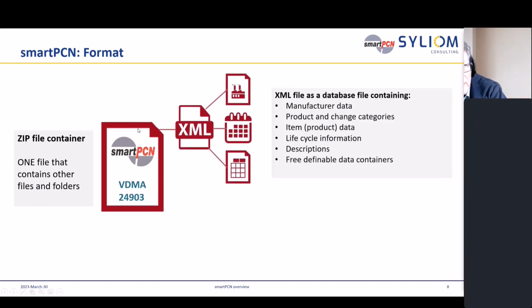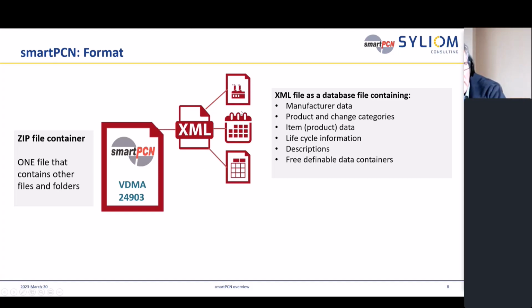And the main part is an XML file. So there's an XML file inside this file container, and this is a kind of database file, and this contains the manufacturer data, the product and change categories, the item product data, lifecycle information descriptions, and freely definable data containers.